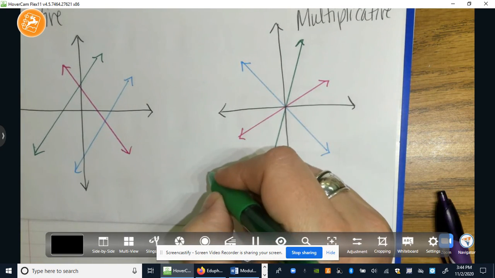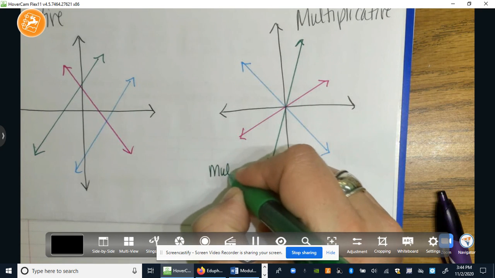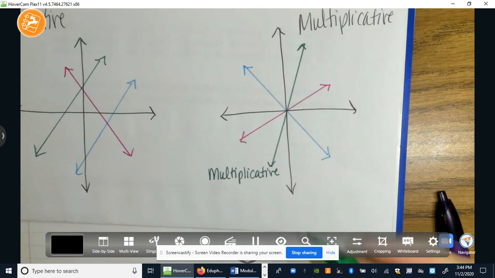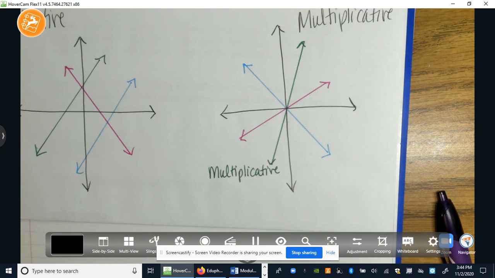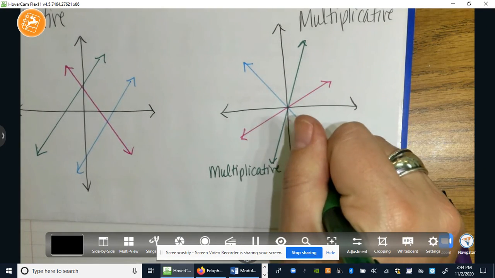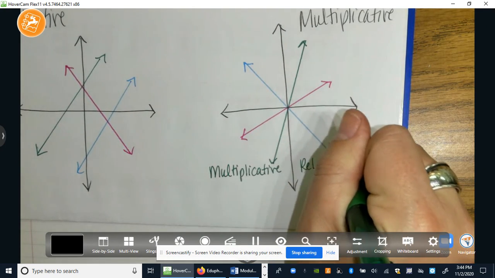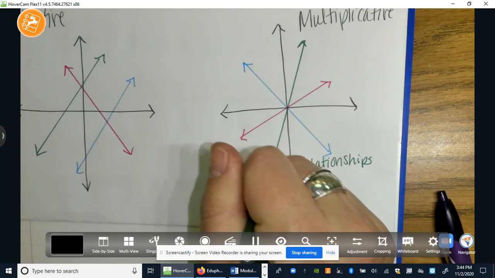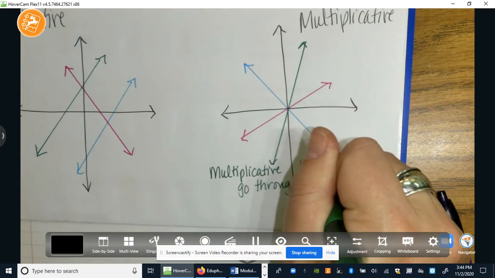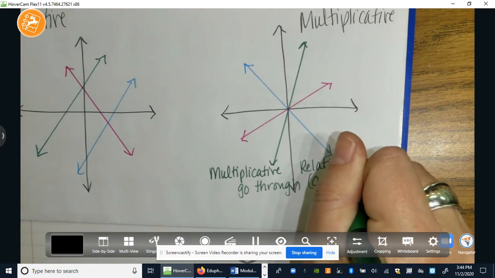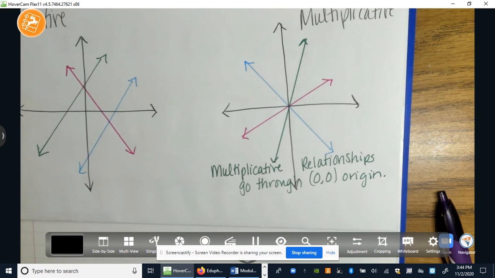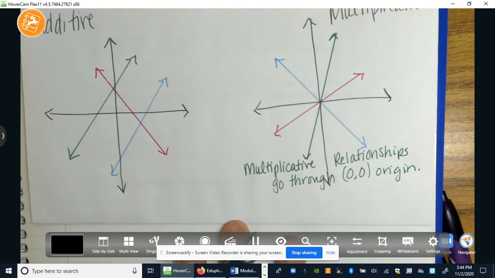So multiplicative relationships go through 0, 0, which is also called your origin. Additive relationships do not.